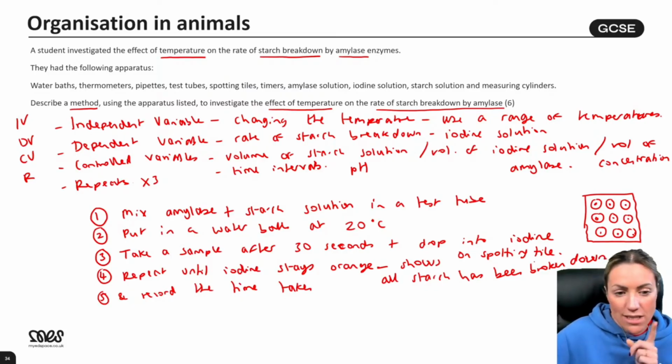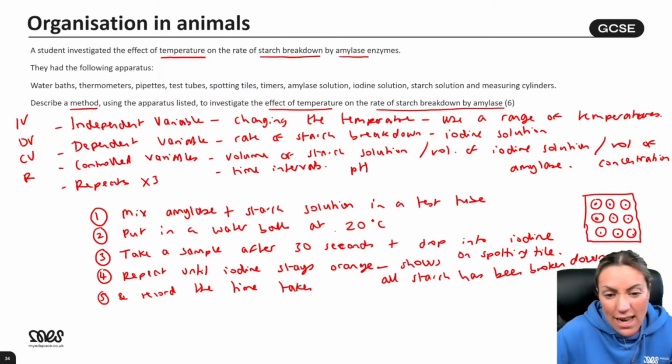So let's just finish this off, okay? And let's check we understand it. We've mixed the enzyme with the starch in a test tube. We've put it into a water bath at the first temperature. I've just gone for 20. We're going to take samples with a pipette. You don't have to say that. After 30 seconds, and drop it onto some iodine that we've put in a spotting tile.